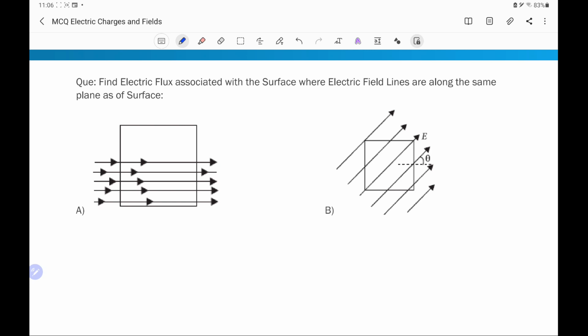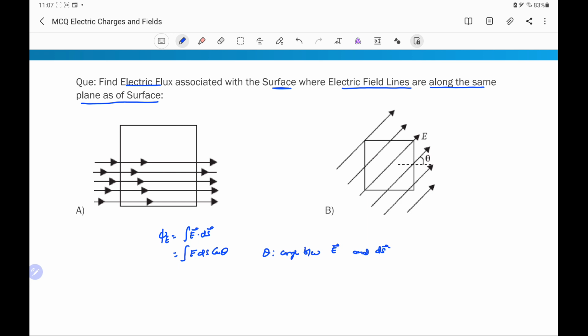Next question is, find the electric flux associated with the surface where the electric field lines are along the same plane as the surface. We know that flux is defined as integral E dot ds, and this is equal to integral E ds cos theta, where theta is the angle between the electric field and the surface normal. The direction of the surface is perpendicular to the plane of the surface.